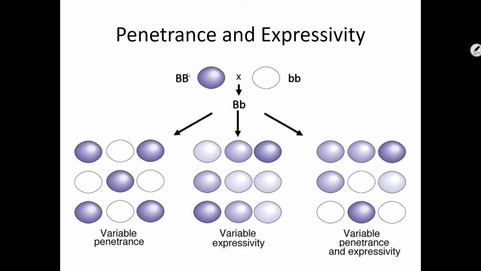Let's pretend that this is Huntington's disease: big B is Huntington's, little b is normal. Some individuals that are big B, little b will actually have Huntington's. Some of them will not. Even though they have the allele for the disorder, they will never have it.